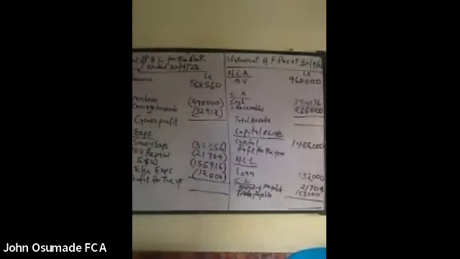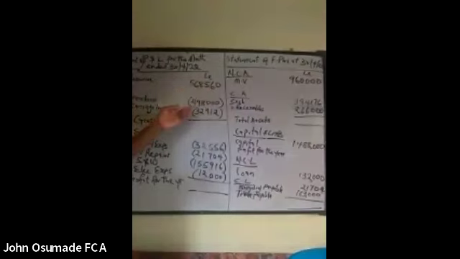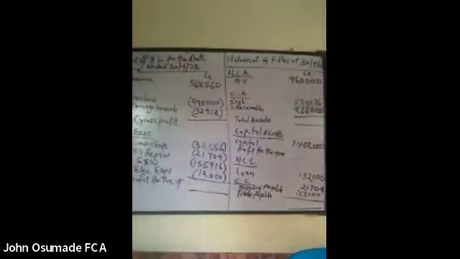Figure: 568,560 minus 498,000 minus 32,912 to get the gross profit.